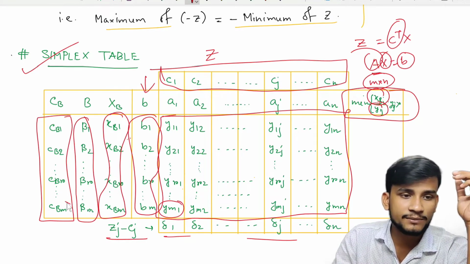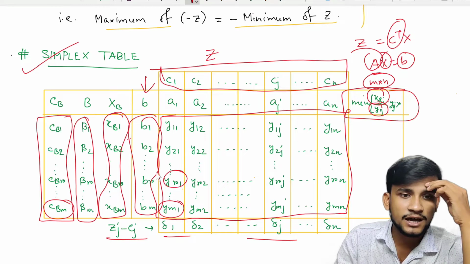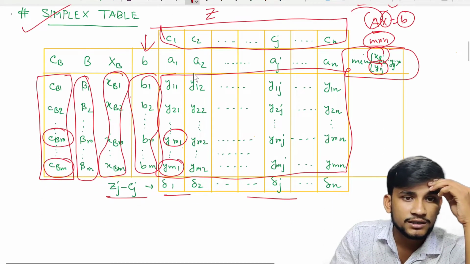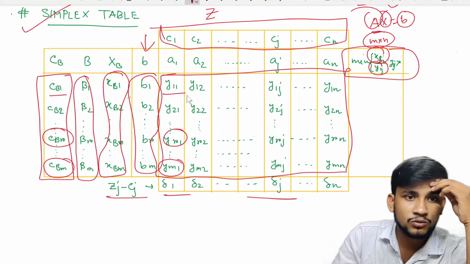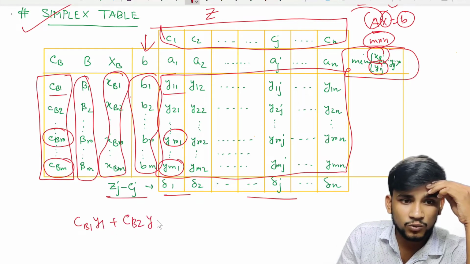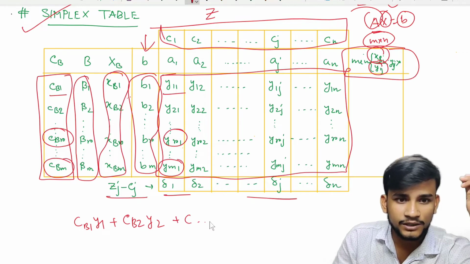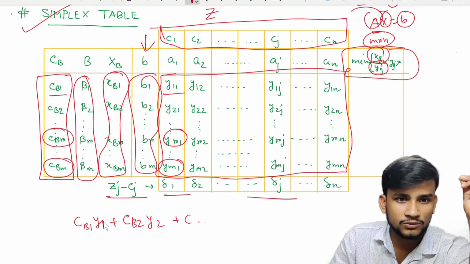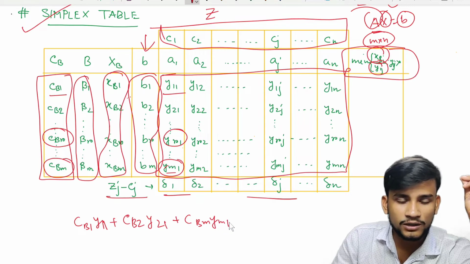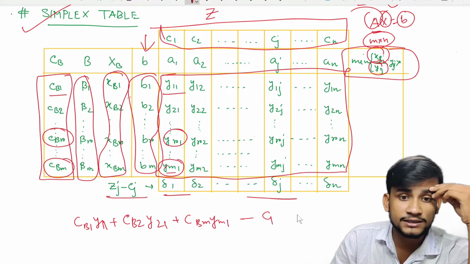This multiplying by this, and this quantity, sum of this, we multiply these quantities and sum. That is cb1 into y1 plus cb2 into y2 plus dot dot dot plus cbm into ym1, minus c1, this is equal to delta 1.